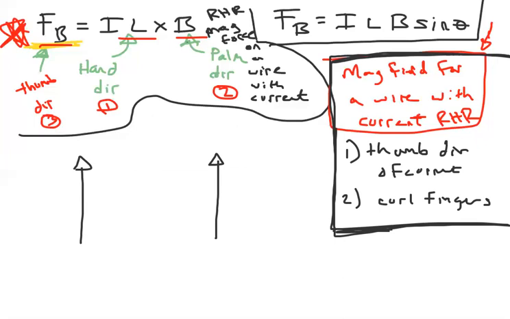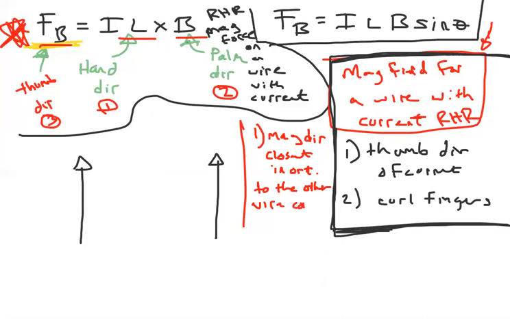Does that make sense? So anytime you see two wires sitting next to each other, your first job is to get the magnetic field direction for the wire. And not just magnetic field direction, but magnetic field direction closest in orientation to, let's say, the other wire of concern.